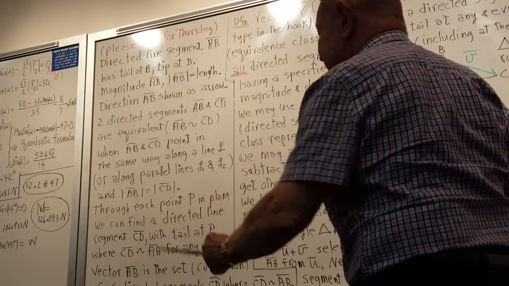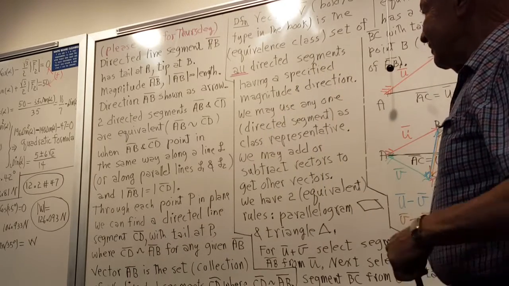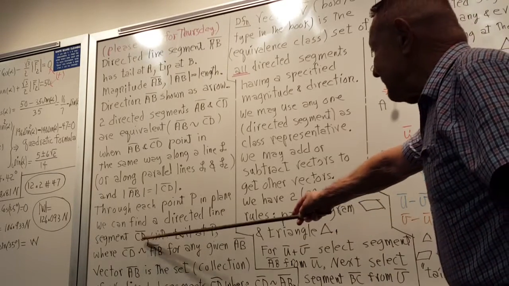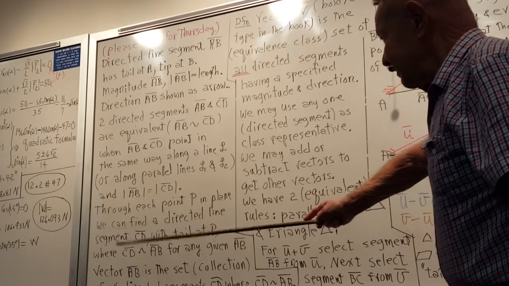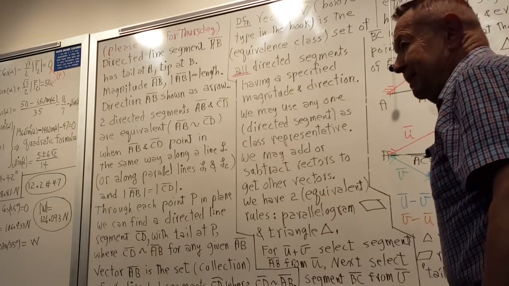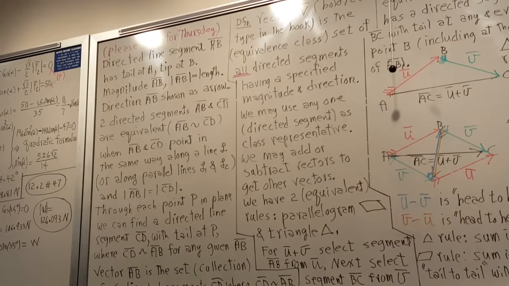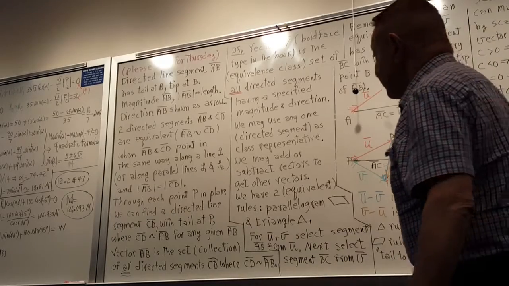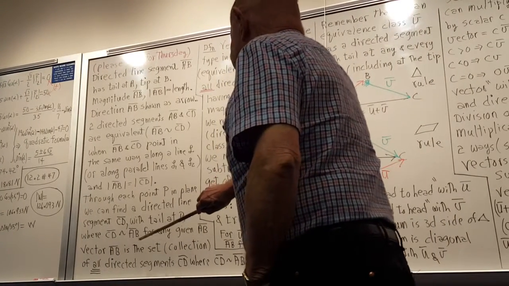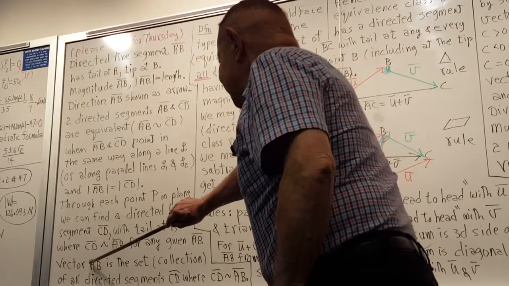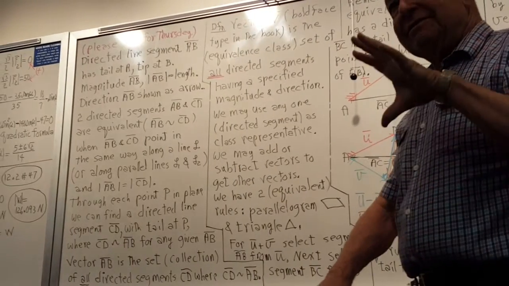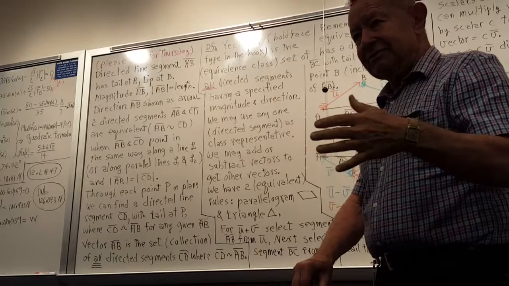So through each point in the plane, we can find a directed line segment CD, with tail at a point P, where CD is equivalent to AB for any given AB. So the vector that I write as AB is the set or collection; it's not just the one single arrow is what I'm trying to get at.